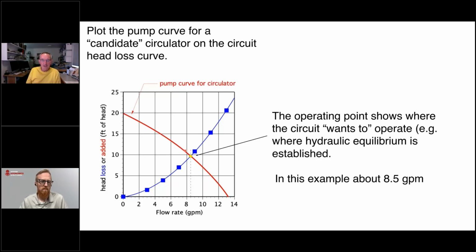So remember, we're generally not trying to pin that flow rate down even to a tenth of a gallon per minute. If the flow rate in this circuit instead of 8.5 was 8.7 or 8.4 or 8.3, it's an imperceptible difference in terms of actual thermal output.